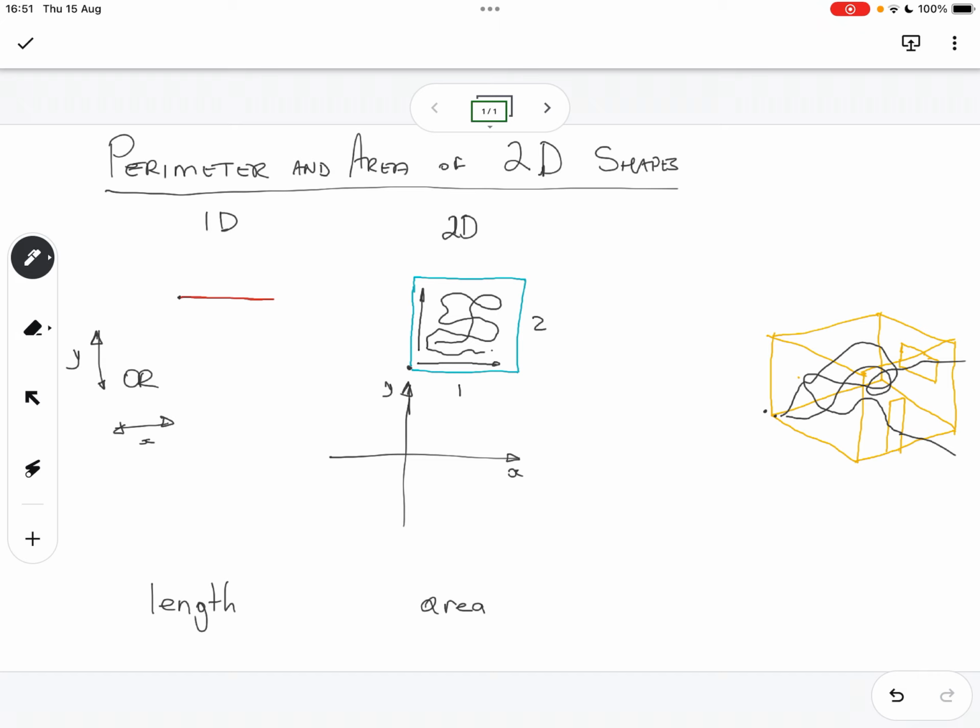Yeah. And what this is, it's your x is there, your y is there, and now you have another dimension, the z dimension, and this is 3D. Right? So for perimeter and area of 2D shapes, we'll just be focusing here. That's where we'll be focusing. Right?